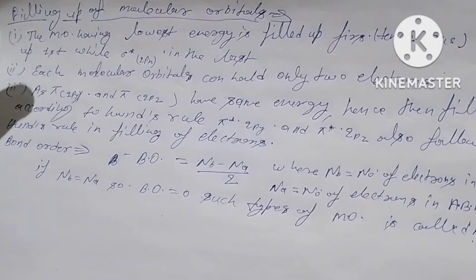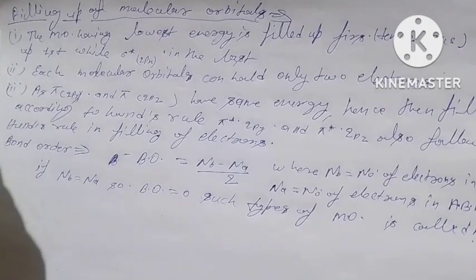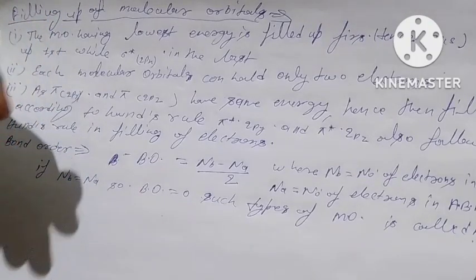If there are 2 electrons in bonding and 2 electrons in antibonding molecular orbitals, the bond order is 0, that is, no bond formation occurs.